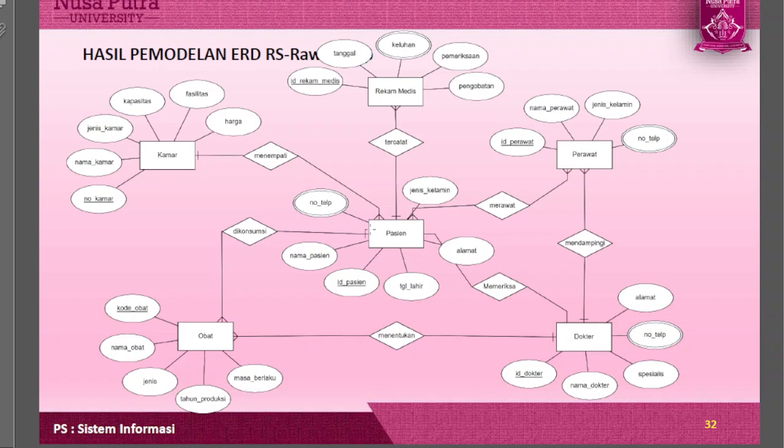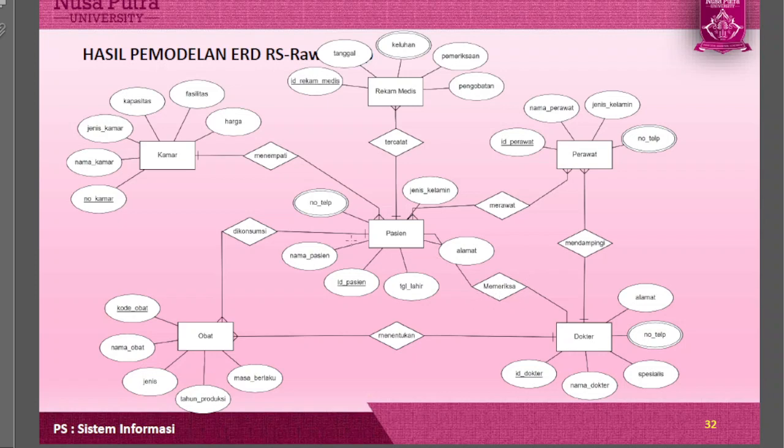And then the patient will be checked by the doctor. Here, the doctor has doctor ID, doctor name, specialist, phone number, and address. The doctor will check the patient. That's why the relation means check here, memeriksa.